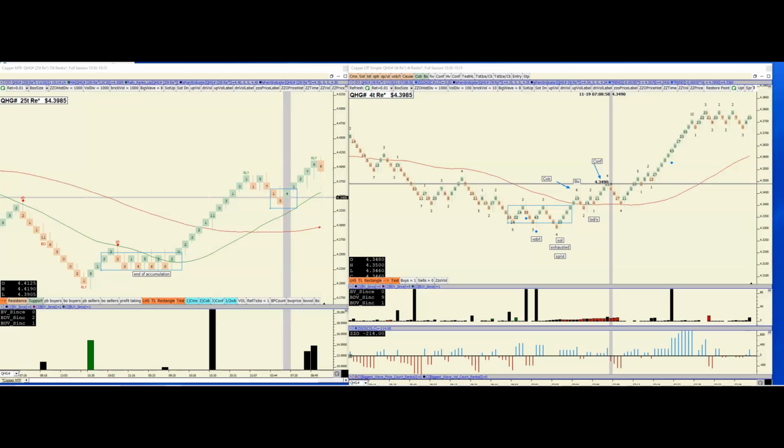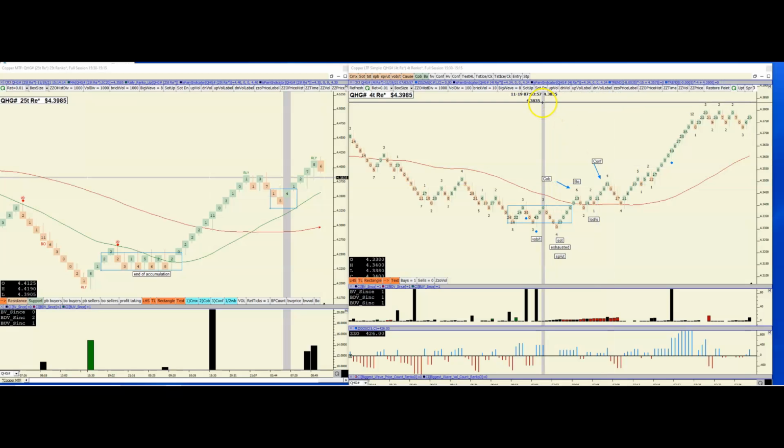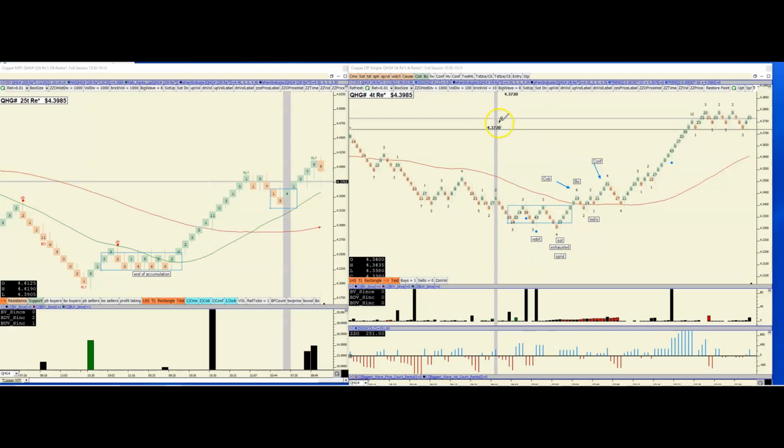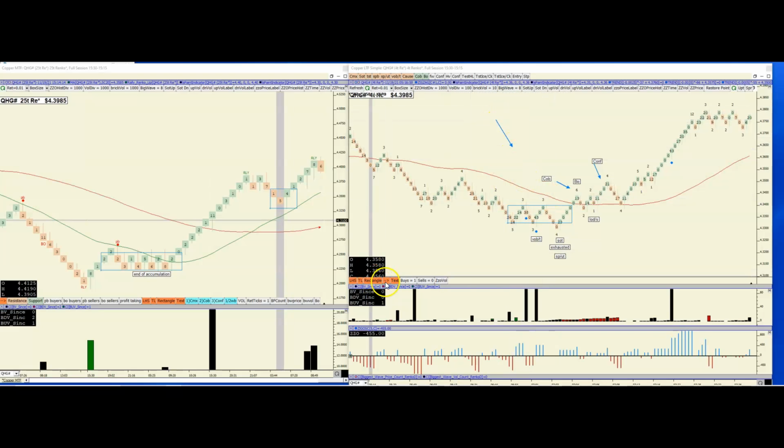The model that I devised was built off of a turning point where in the pivot you have accumulation, and on the right-hand side, let me explain this a little better. Let's say you have a turning point right here and then it goes up here.